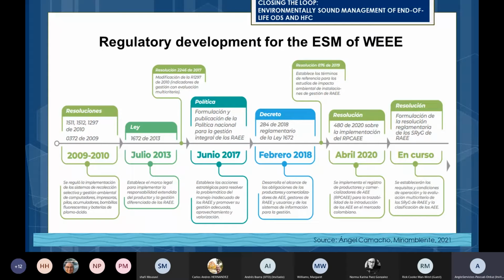We have a new project ongoing that will establish the specific requirements and the specific conditions regarding goals for equipment management, as well as the way it will be qualifying the selective collection systems. One of them will be associated to everything related to refrigeration and air conditioning equipment. Next one, please.